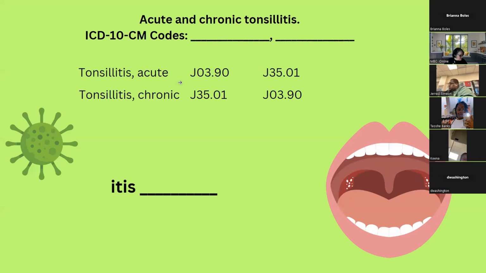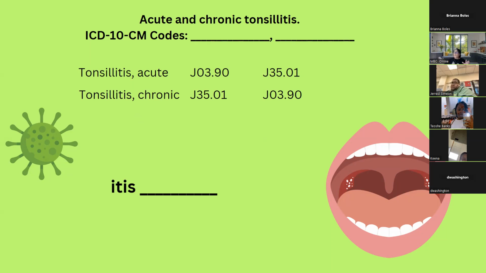Yes. Yeah, acute? J03.90. All right. So Jared, tell me what is tonsillitis chronic? Which one of these answers would be correct? It's J35.01. All right. Okay.